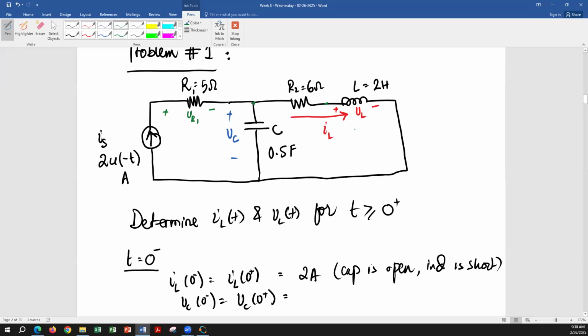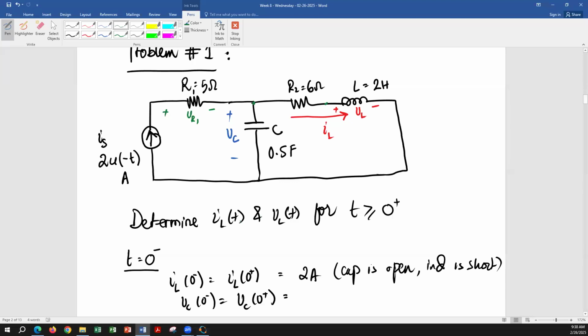Why did we go for R2? When the inductor shorts, you replace it by a short.